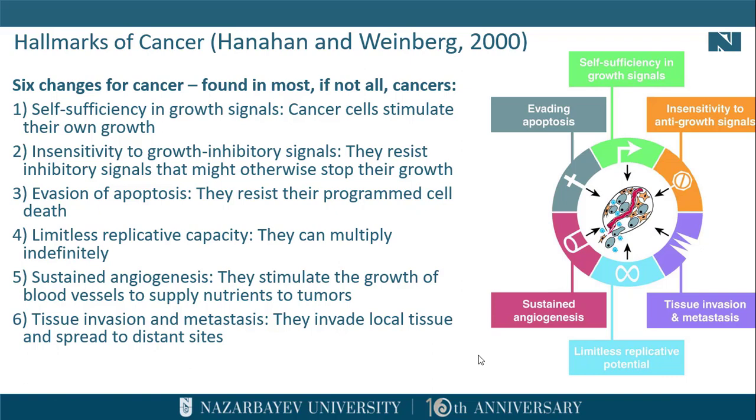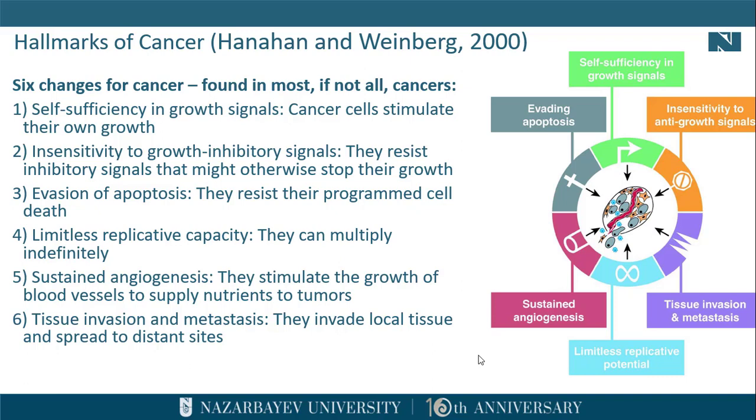It is the work of 15 years of looking at the papers that were published and collecting data and coming up with 6 statements that are shared among most of the cancer types.